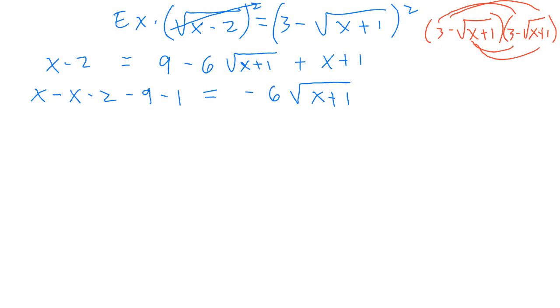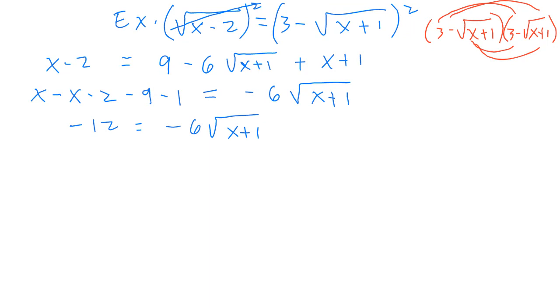Okay, and then we combine like terms so that x minus x is equal to 0. And then negative 2 minus 9, that's negative 11, minus 1 is a negative 12. So we have a negative 12 here equals negative 6 square root of x plus 1.